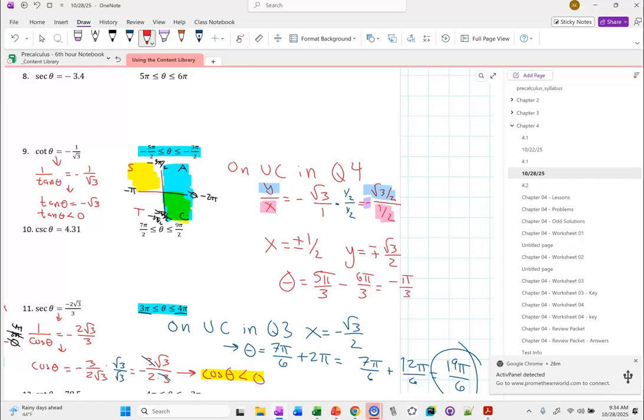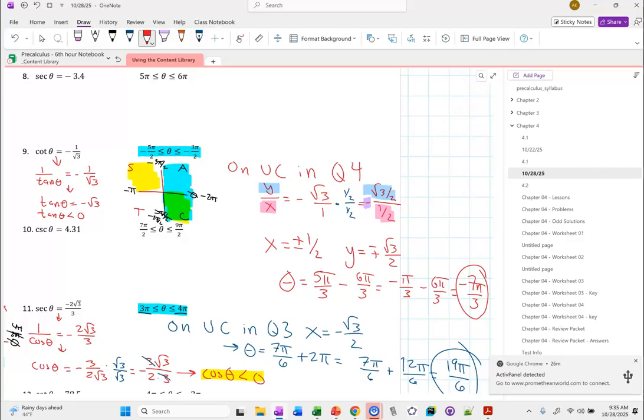Is that between negative 2.5 and negative 1.5? No, right? It's still too big. Let's subtract again. So that gives me negative 7 pi over 3.